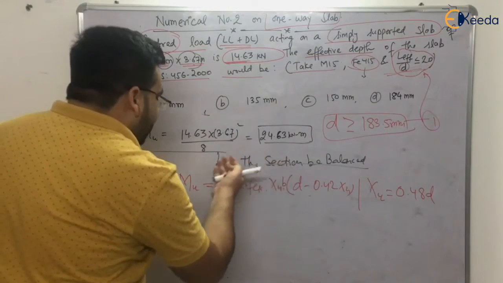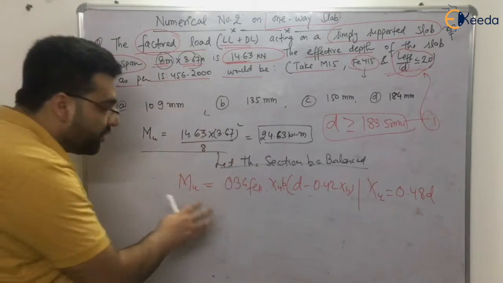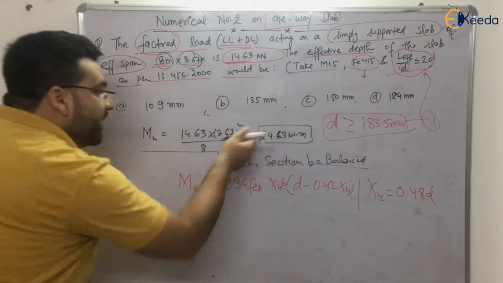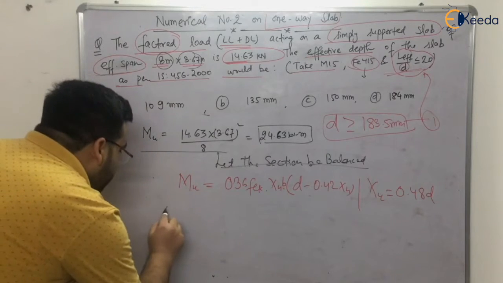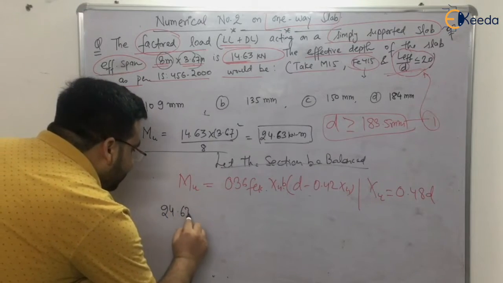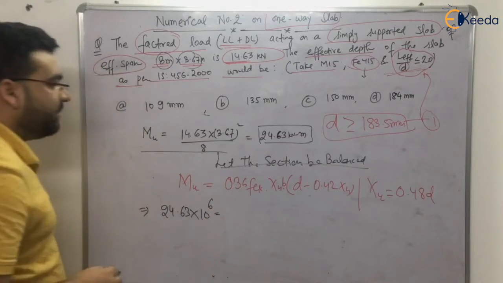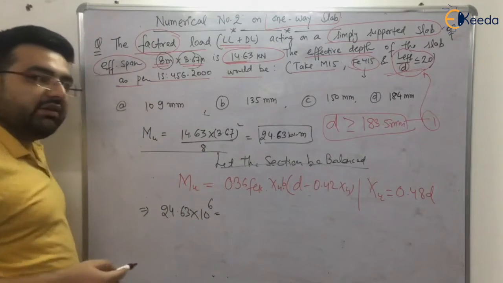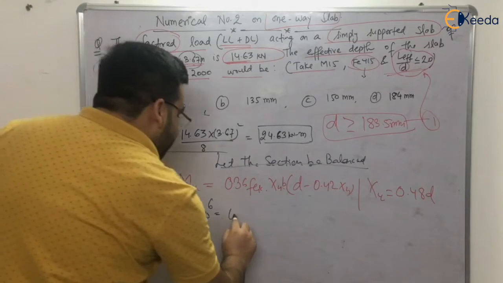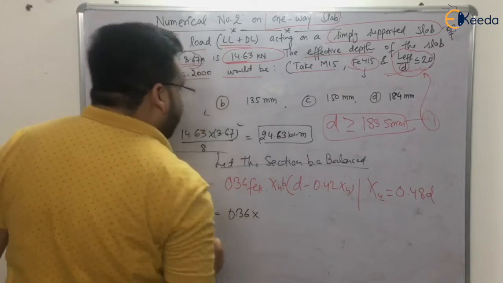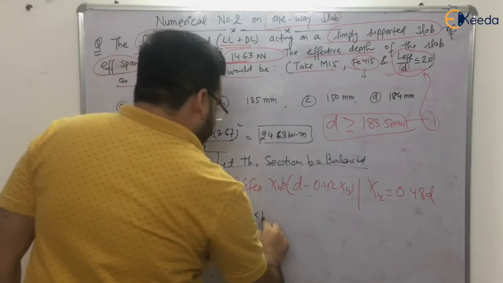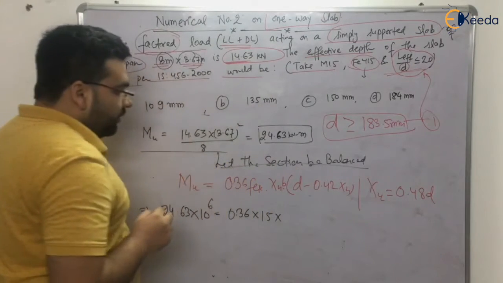Now let's see how much depth should be provided to resist this moment, right? The moment is 24.63 kilonewton meter. Multiply it with 10 raised to power 6 for Newton mm, because everything on the right hand side will be in Newton mm. It will be 0.36 into 15 into XU.